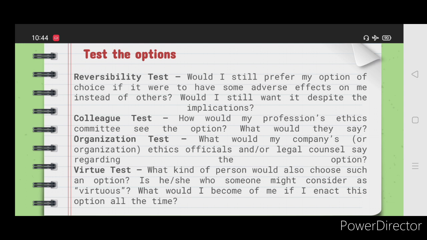Okay, so when we say reversibility test, it captures a central idea in Kantian formalism. Okay, so it is the idea of universalizing one's actions. It is also the main idea behind the golden rule. Okay, so positively, it tells us to do unto others what we would have them do unto us.